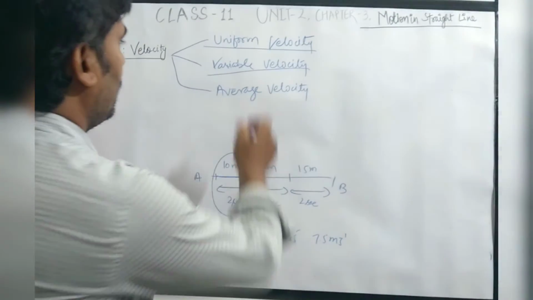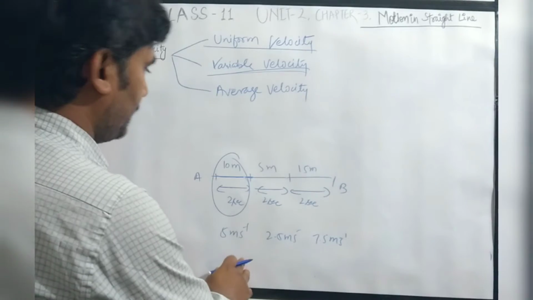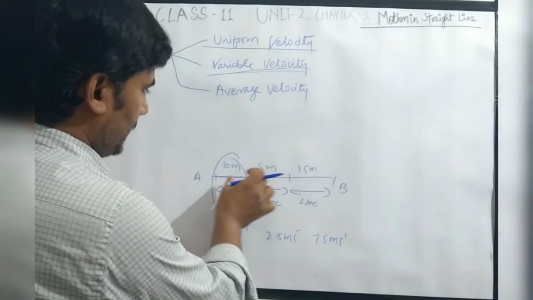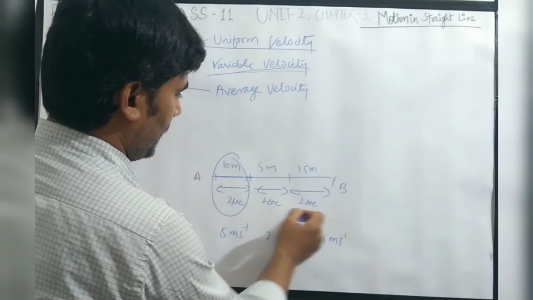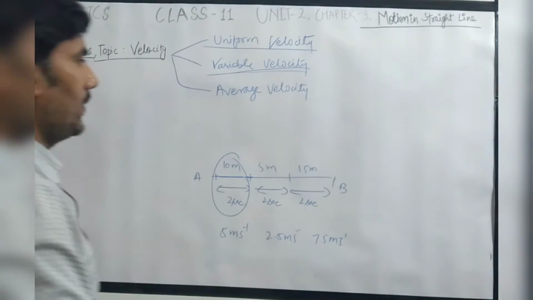So variable velocity is when displacement traveled is different in the same interval of time.